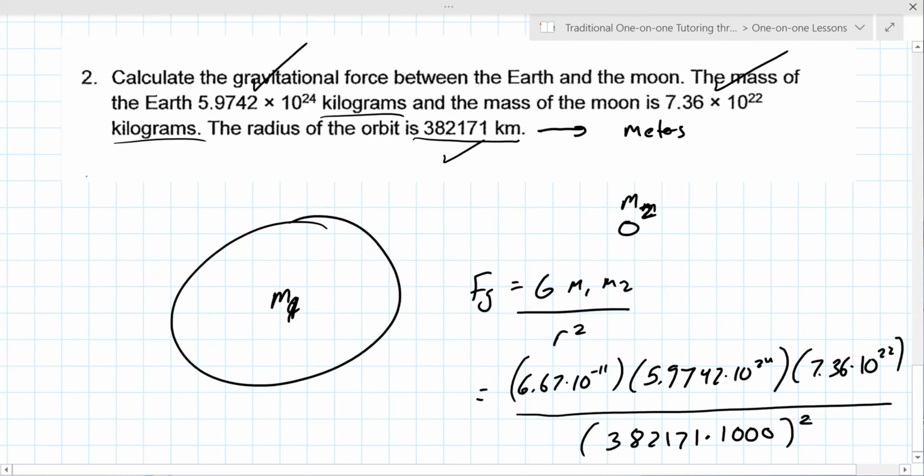If you do that in parentheses, you let the calculator do the work. You don't have to convert it to scientific notation. You can just get that number. Okay, so let's do that.